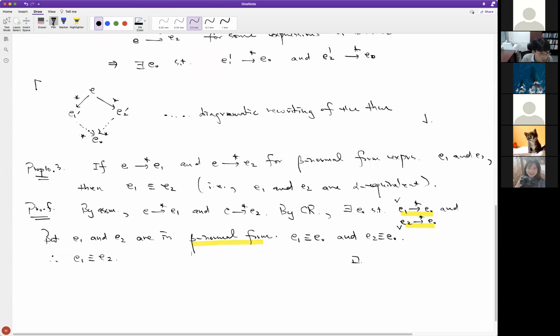So the next question that we want to answer here is about the systematic strategy for getting a beta normal form. This is called normal order reduction.